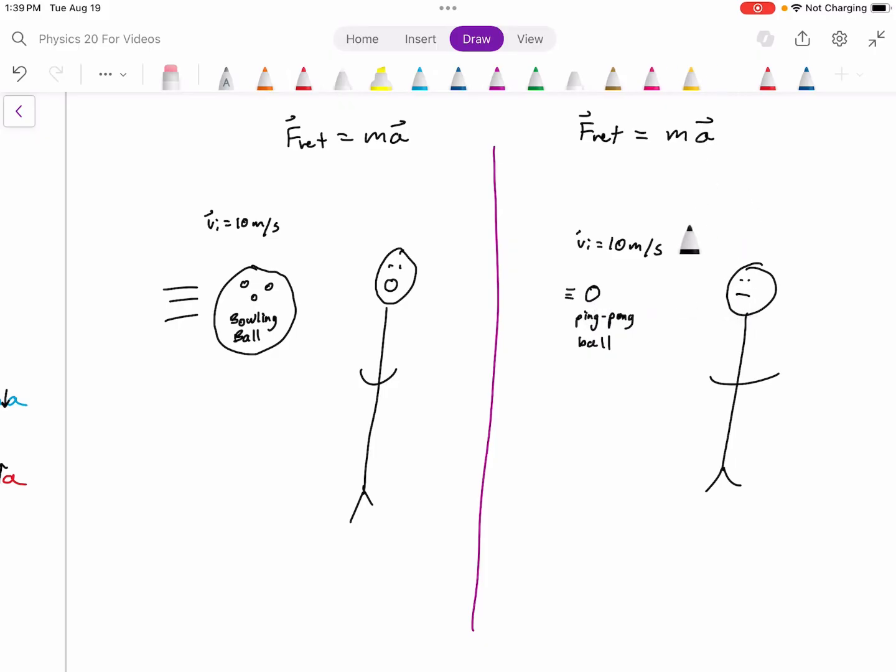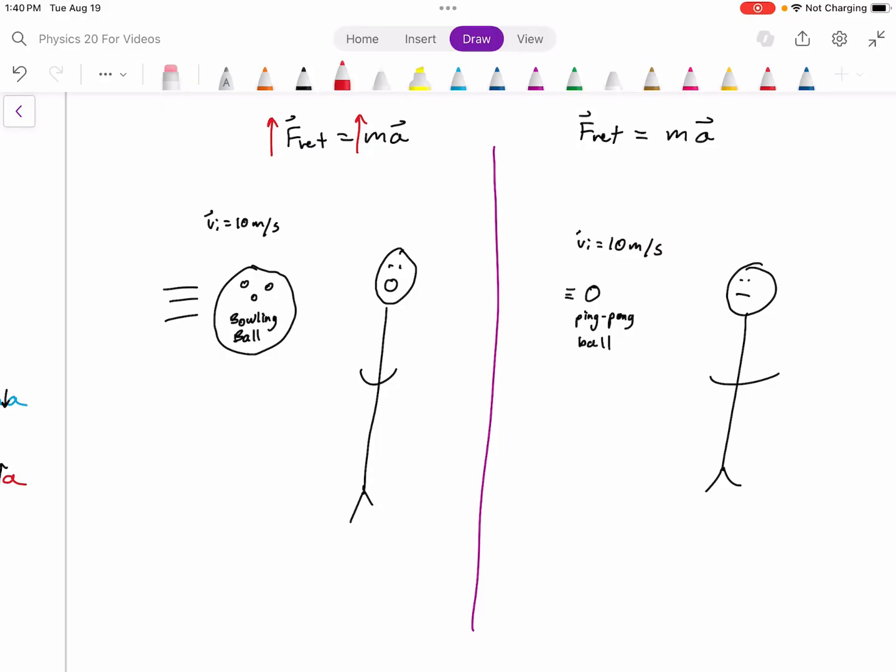Either way, the acceleration was the same because it went from the same initial velocity to the same final velocity of 0, right? So what's the difference here? It's the mass, right? A much bigger mass is going to take a much bigger force to accelerate. And therefore, that force you're applying to the ball is applying to you. That's going to hurt. Forces hurt, right? Big forces hurt more, okay?